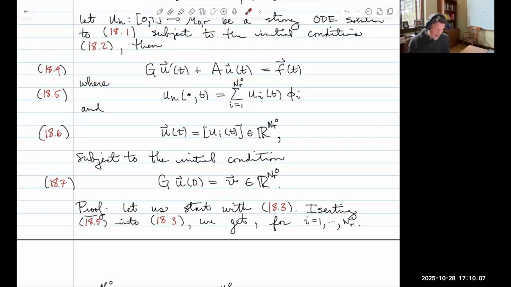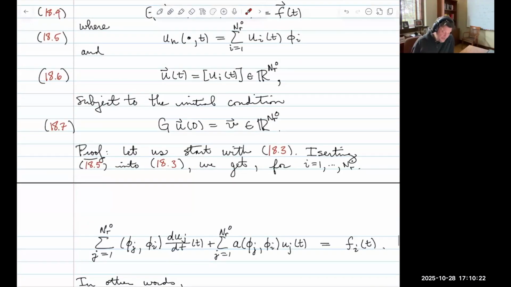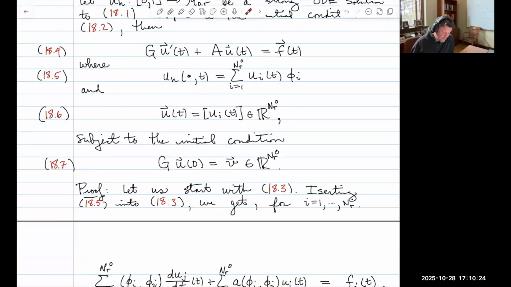This problem here, I hope you can see, is clearly a system of ordinary differential equations. So it's a fairly standard form. Okay, and so I just need then to show you how I get from 18.1 and 18.2 down to this thing, 18.4, with the initial conditions 18.7.